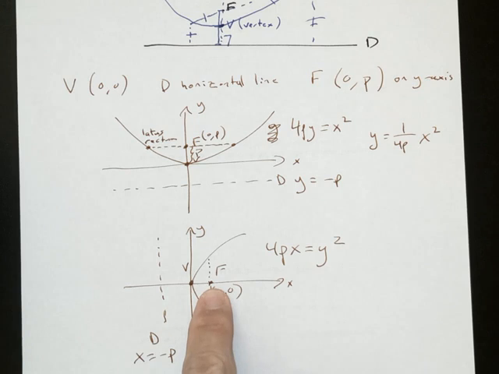A microphone put here picks up any sound reflected off this parabola, a parabolic microphone, like you see on the sidelines of the football game. You put a light here, you get a spotlight, searchlight.